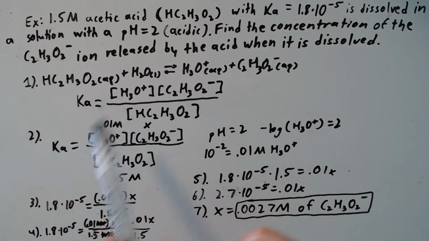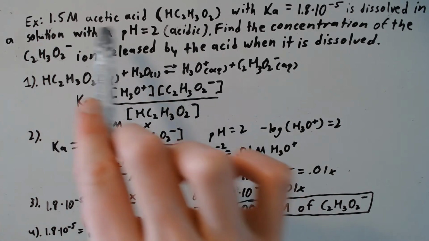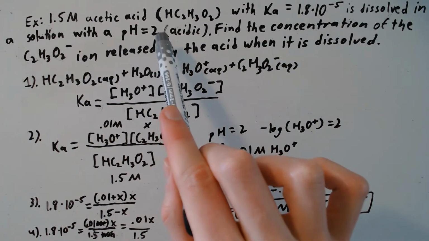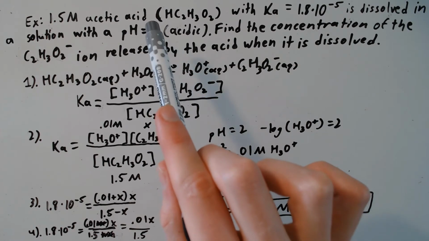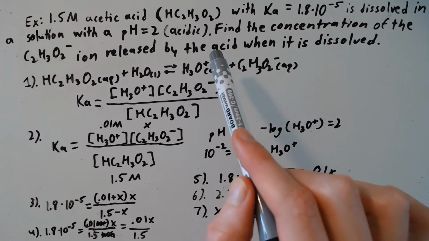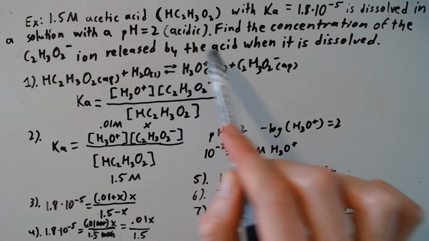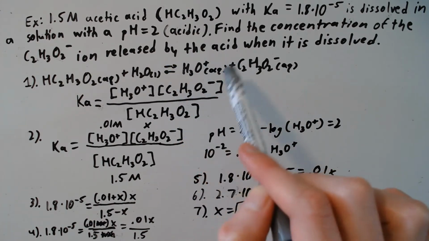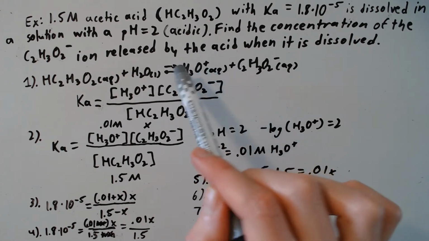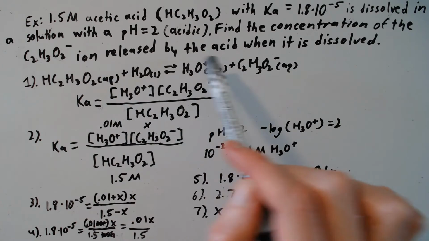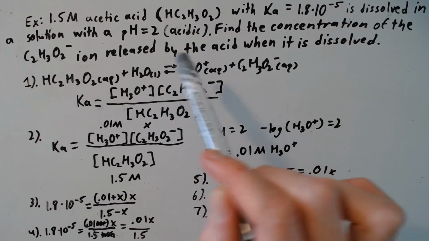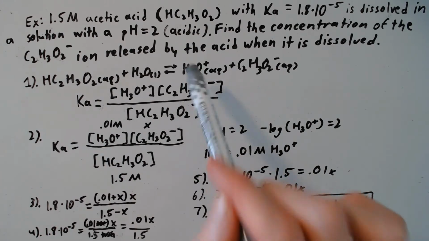This is at equilibrium. But in this case, since we're dissolving this acid in a solution with a pH of 2, that means it already has a lot of H+ ions in it, and therefore a lot of H3O+. That means this reaction shifts to the left because there is already a crowd of H3O+ present, and it's difficult for this acid to dissociate more.